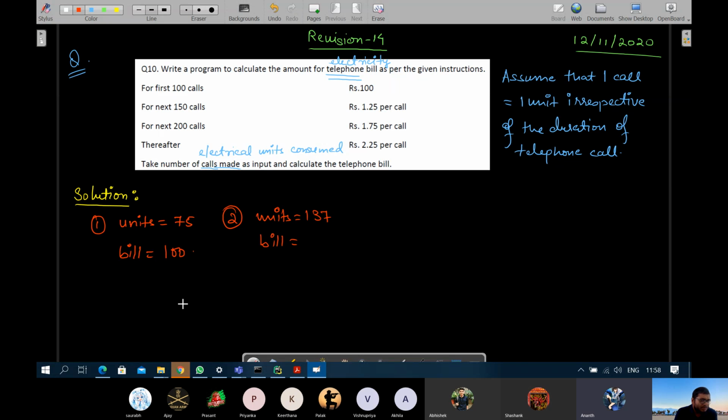Yes, 100 plus the 37 into 1.25. Anand believes the bill that you will have to pay will be for the first 100 calls, 100 rupees, and for the additional 37 calls, you will be charged at the rate of 1.25 rupees per call.